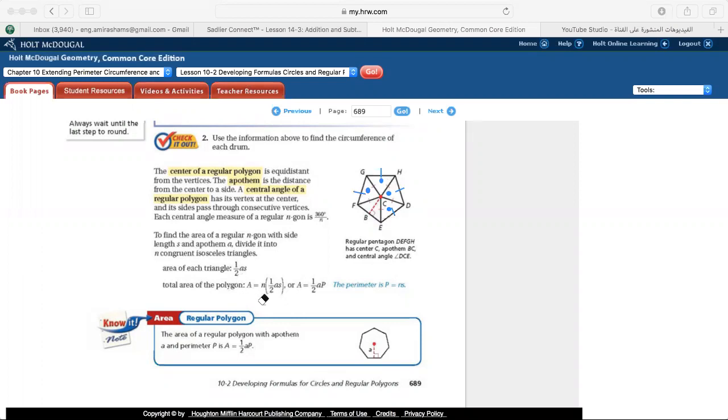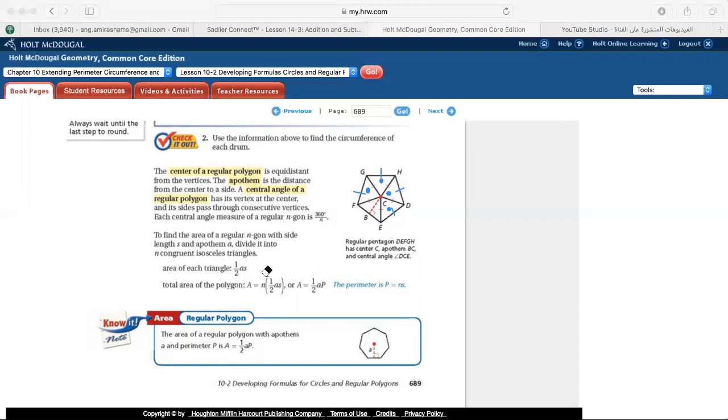So the area of the whole polygon is N, which is the number of triangles that I divided the polygon into. I divided, for example, into 5, so I'm going to replace N by 5. So N multiplied by half A S. Okay?